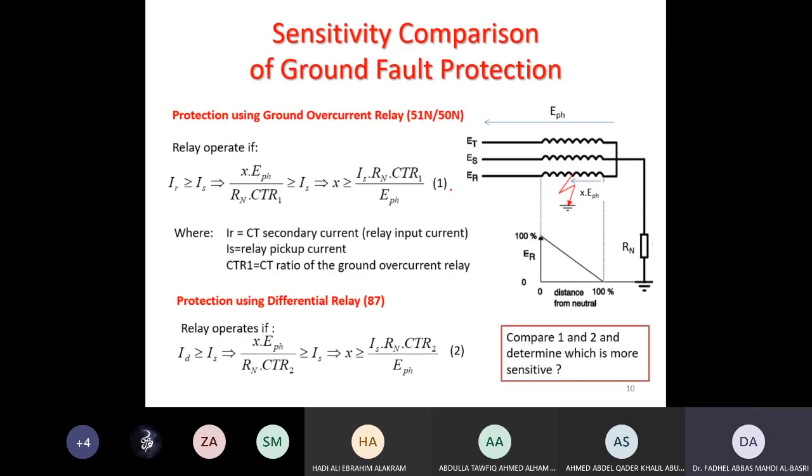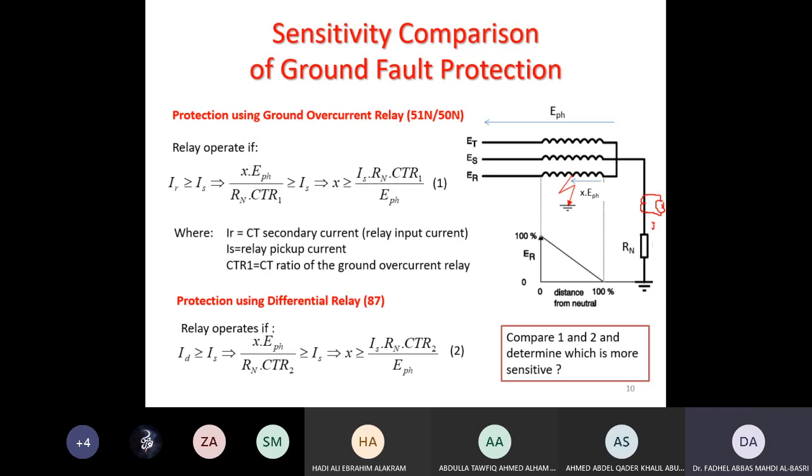Now I want to compare these two scenarios. If I have two types of protection, one protection as a differential, another as ground fault. As a ground fault, I have a CT here that's connected to the overcurrent relay.